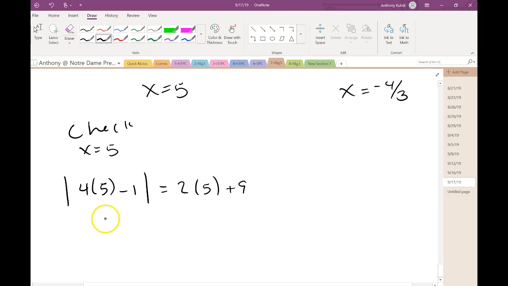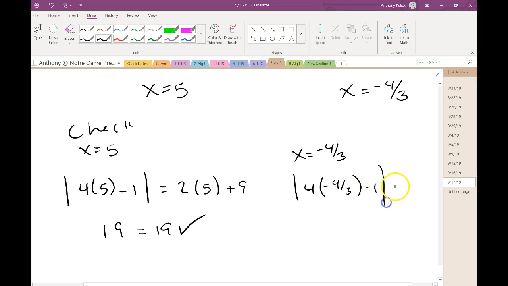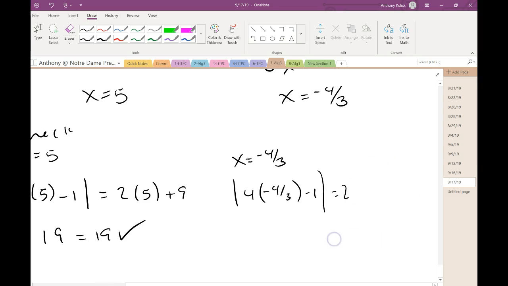You could graph this and check also, but the issue with graphing is, if you're doing it by hand, it has to be really accurate. And if you're doing it on the calculator, you have to be smart enough to pick the appropriate window where you can see everything you need to. So this is a little bit more idiot-proof than graphing is. I shouldn't say idiot-proof, but foolproof.